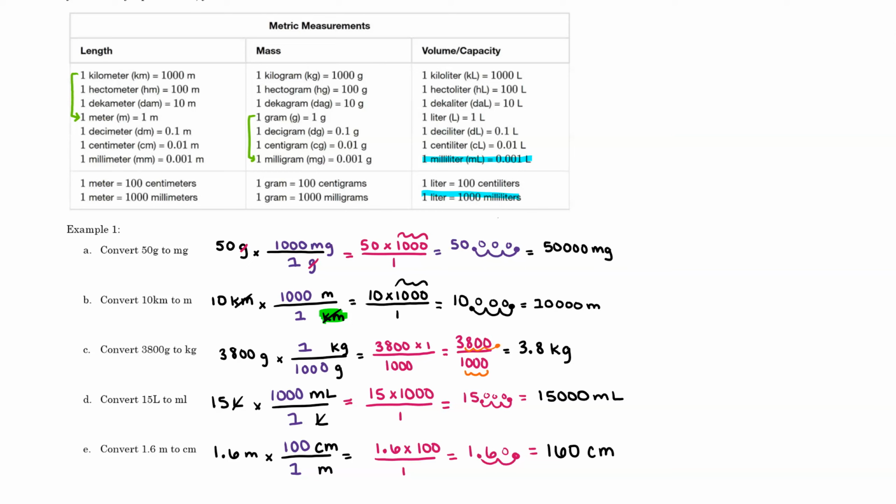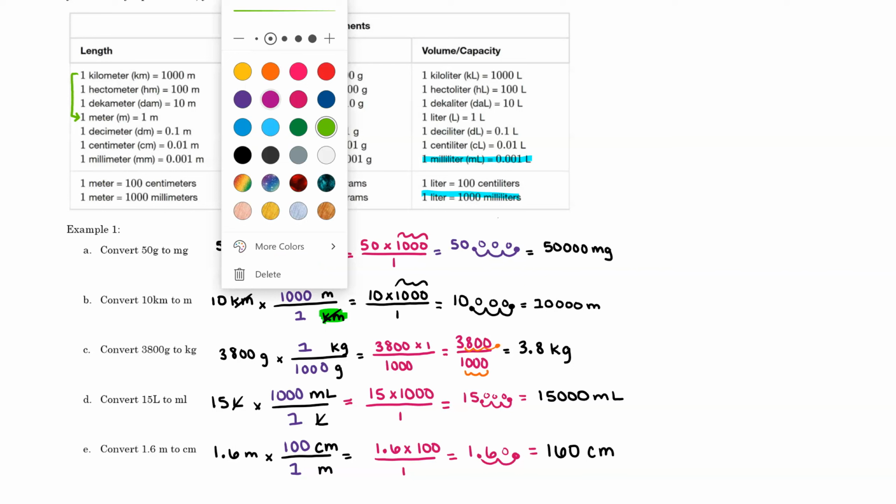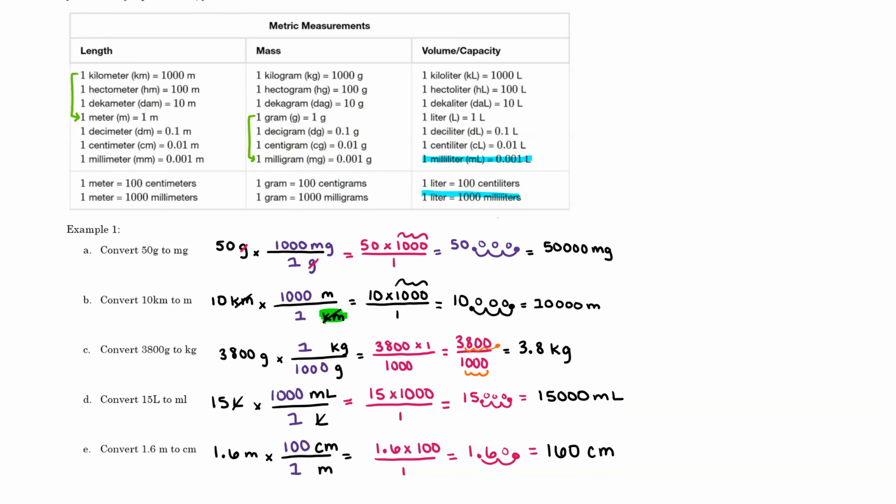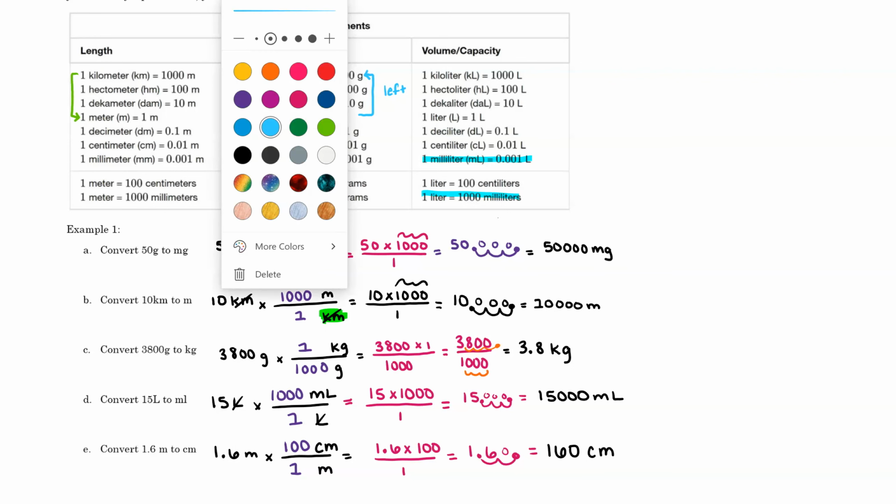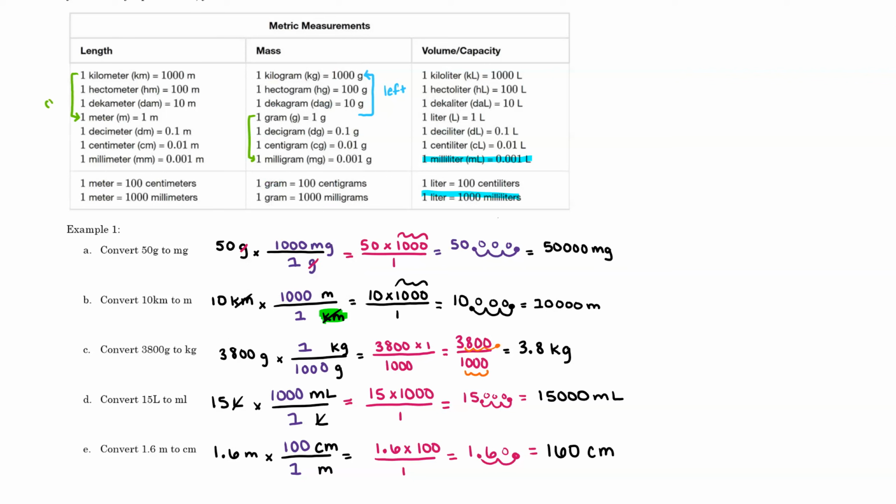When I was going from grams to kilograms, I moved my decimal to the left 3 spaces. So grams to kilograms, I moved my decimal left. And let me just, for posterity here, write the word right. Okay, when I went from liters to milliliters, I moved my decimal to the right.